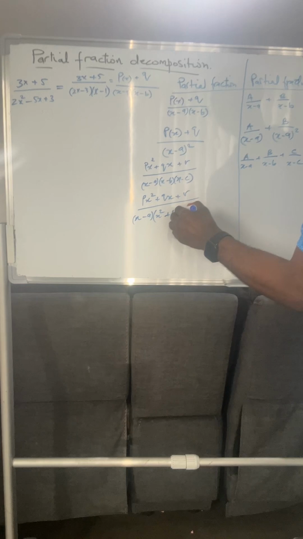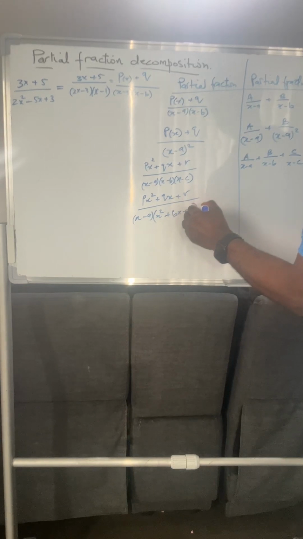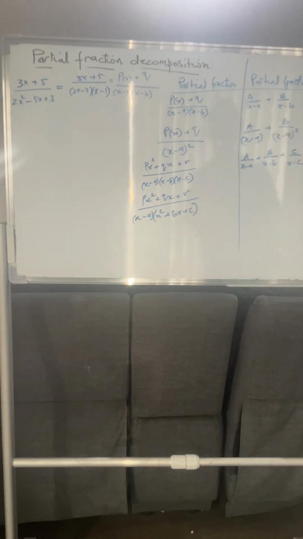So now you have a quadratic at the top, and you have a linear factor multiplied by a quadratic at the bottom. So what do you get?